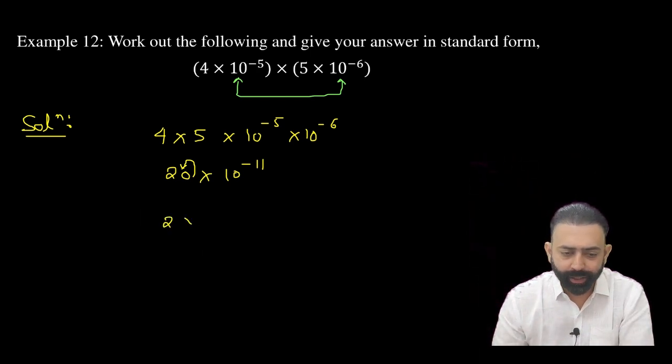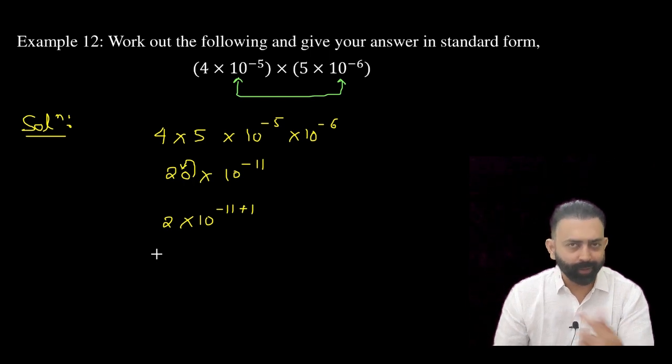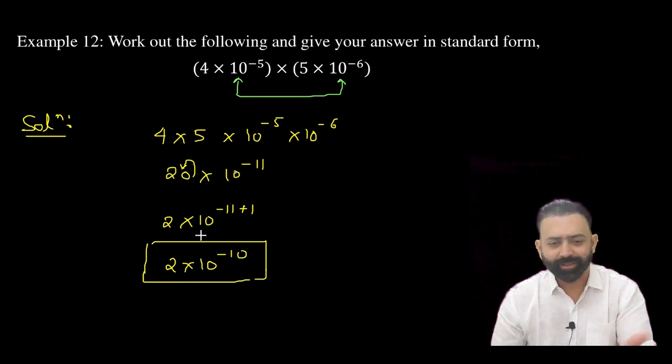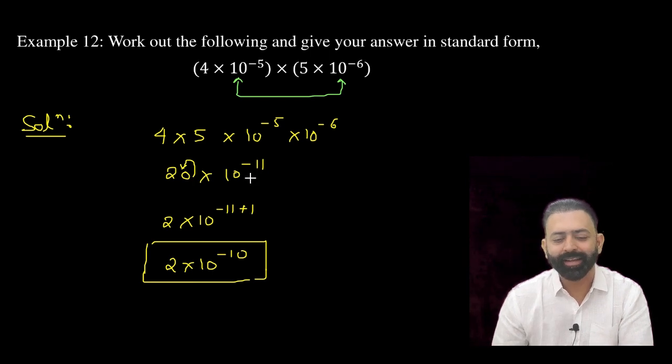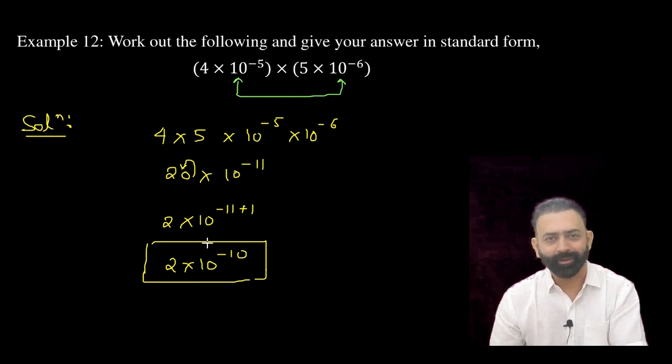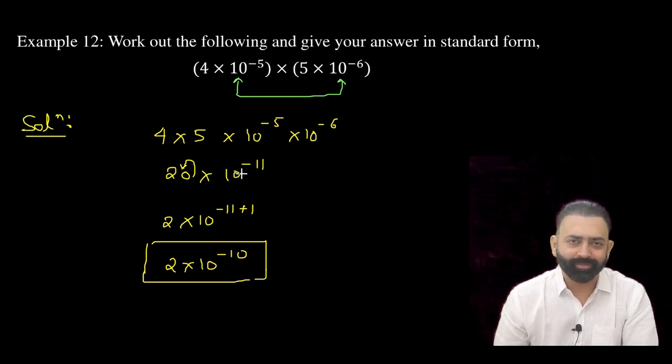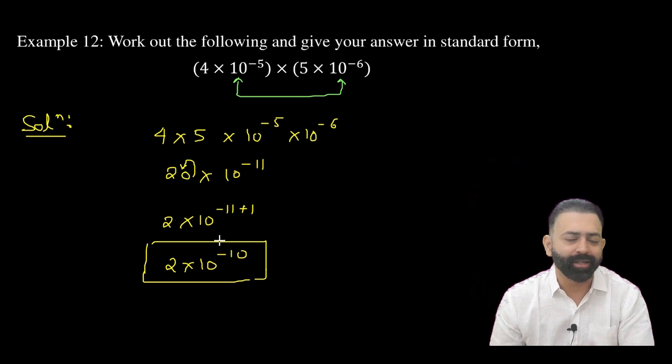So 2 into 10 raised to the power minus 11 was the original exponent. It will be increased by 1, so plus 1. The final answer will be 2 into 10 raised to the power minus 10. Okay, it appears that the exponent from minus 11 has been reduced to 10. But this exponent is negative, so effectively minus 10 is greater than minus 11.